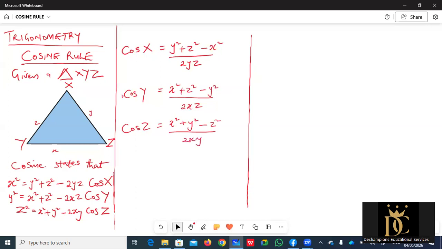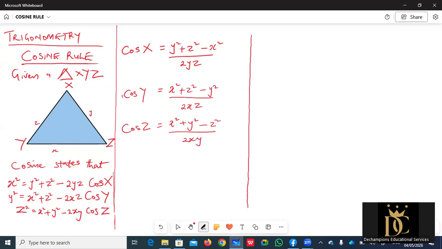So all these are the formulas for you to find angles of a triangle. Remember, the triangles we are talking about here are triangles that are not right-angled triangles.